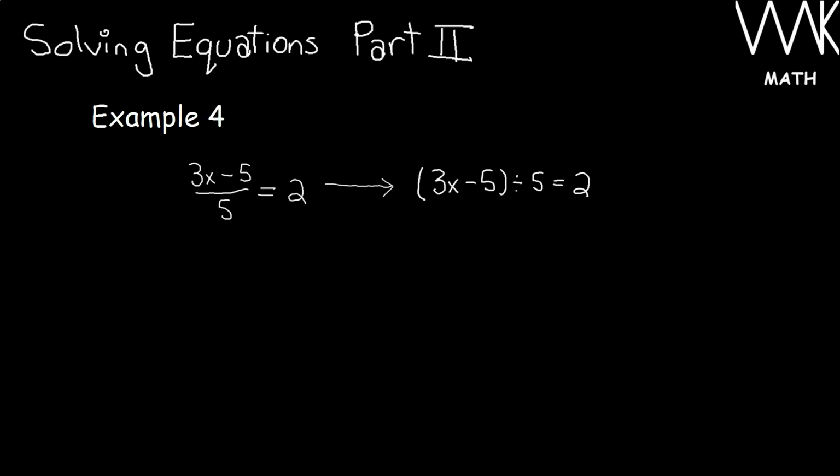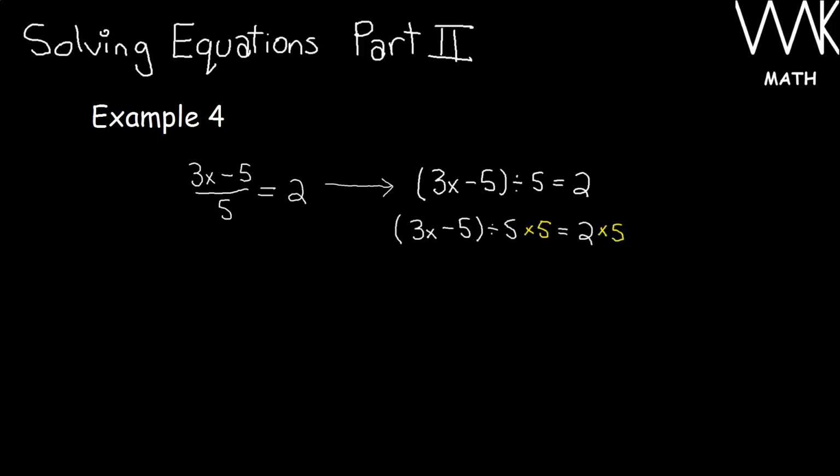When you see a division term, it's probably not a good idea to simplify, because dividing by each term, you might get some very nasty numbers to work with. For example, if you divide the 3x by 5, the result is 0.6x, which is not that easy to deal with. Therefore, the strategy I'm going to show you is to use equation manipulation here.